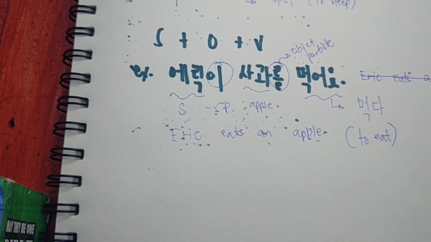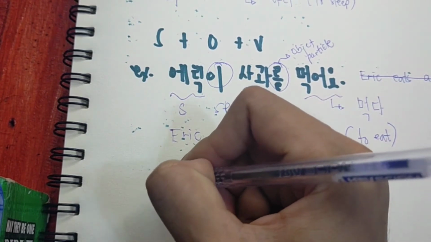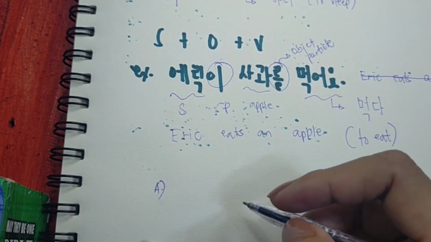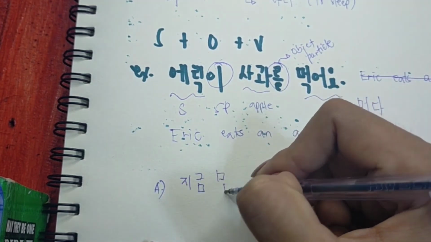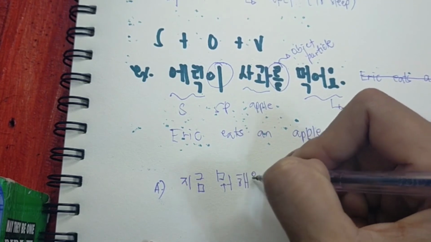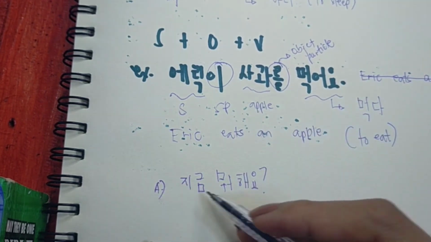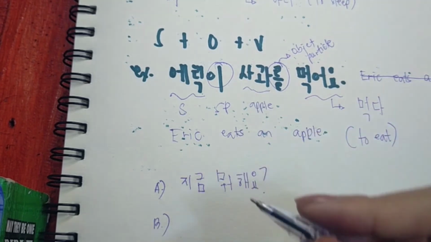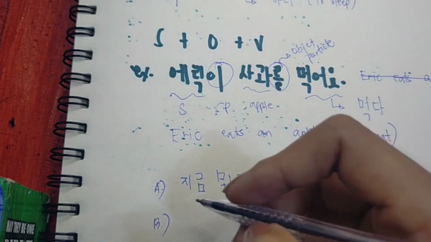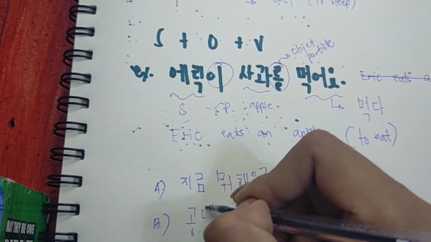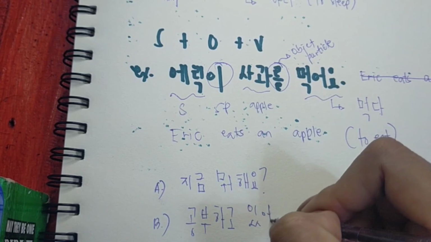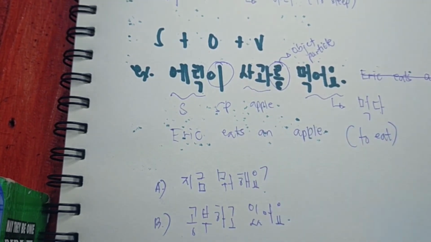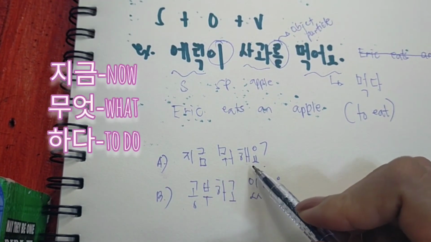Kung obvious, halimbawa, dalawa kayo nag-uusap, ang question is, 지금 뭐해요? Pwede mo siya sagutin ng 공부하고 있어요.